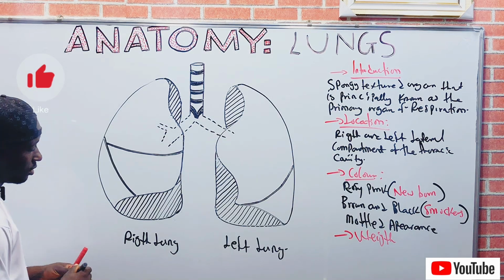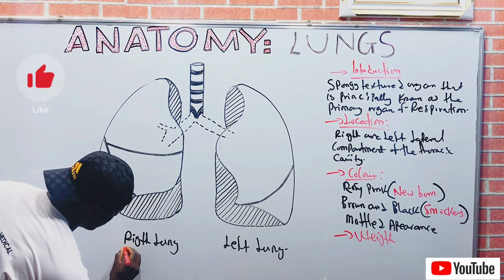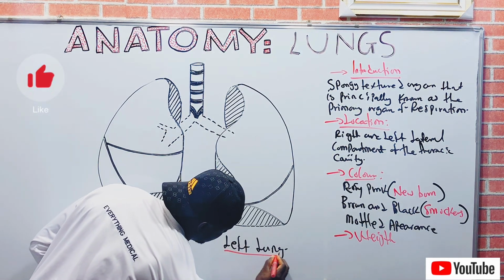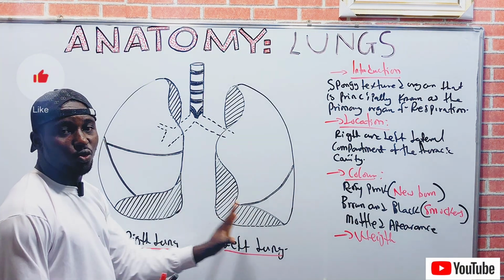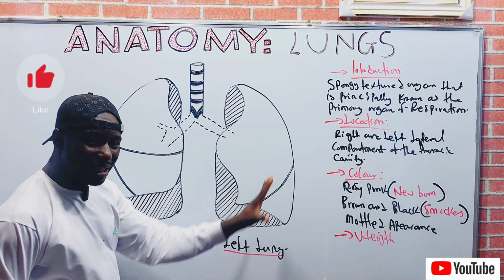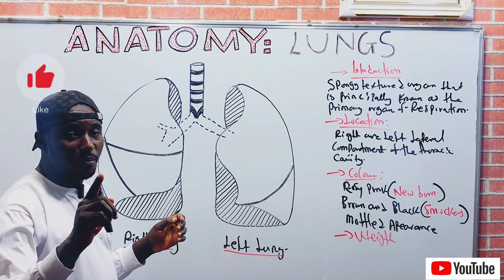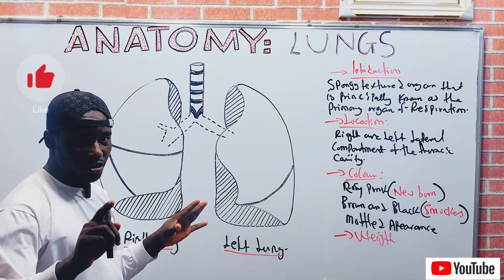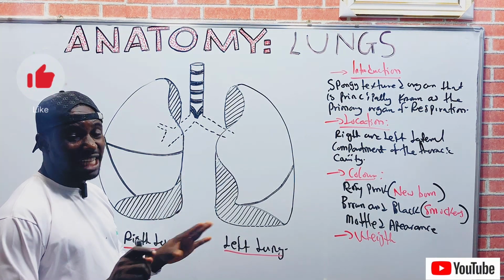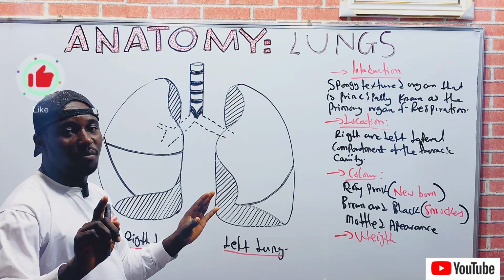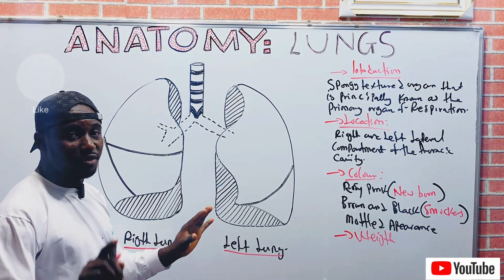Left lung. They have different weights and general structure, but perform the same function. They are fashioned differently on their structure, but they have a unique and unified function.